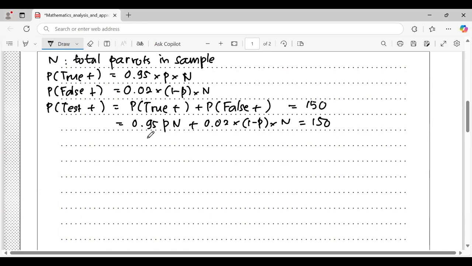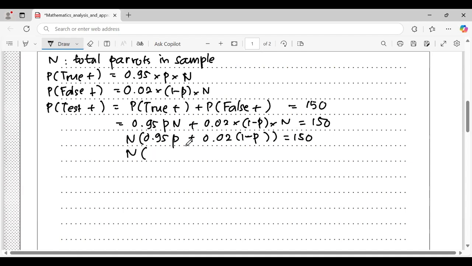After that, I would like to factorize N. There is N in the first term and in the second term. Factorize N: 0.95P plus 0.02 times 1 minus P, equals 150.